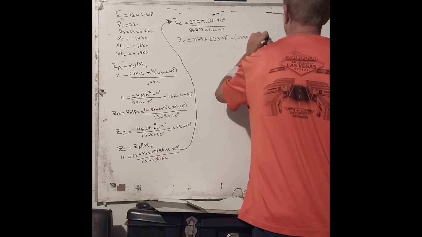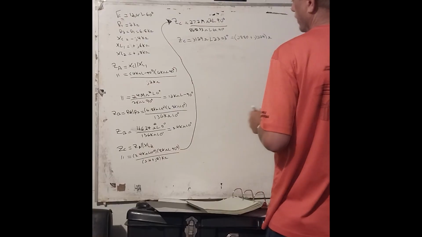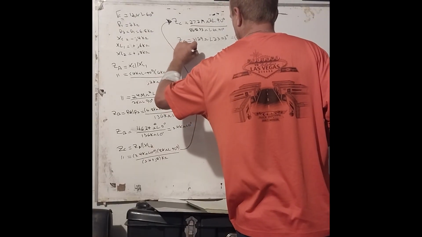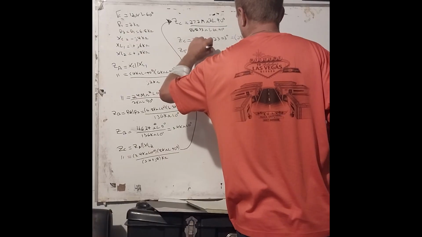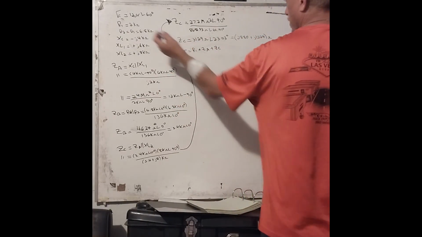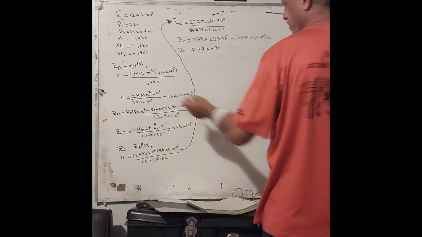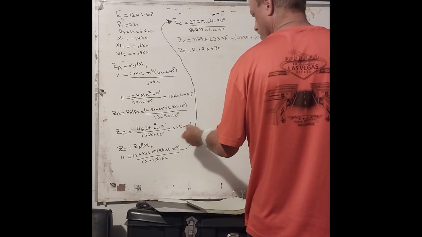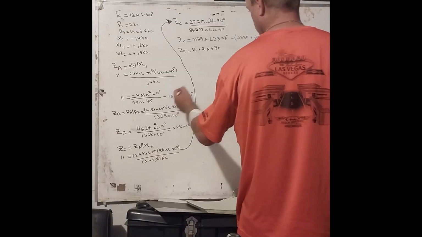This is ohms. Okay, now we know what Z sub T is, because that's R1 plus Z sub A plus Z sub C. We know what the rectangular form is of Z sub C. We know what R1 is, and we know what the rectangular form of Z sub A is.